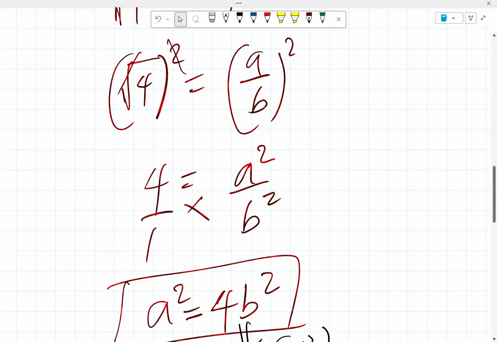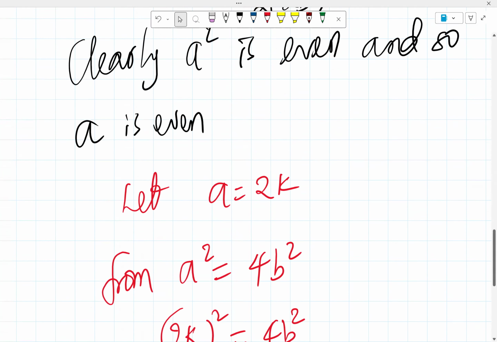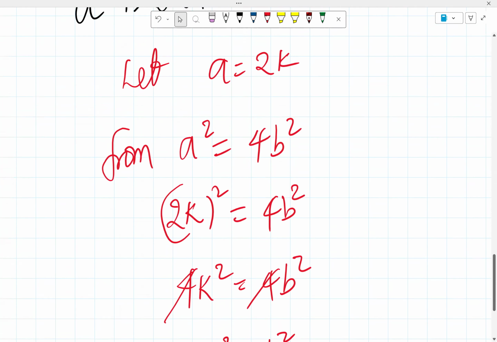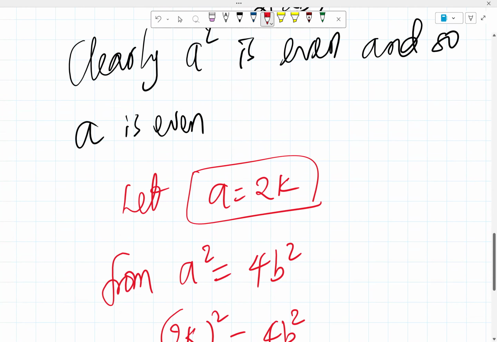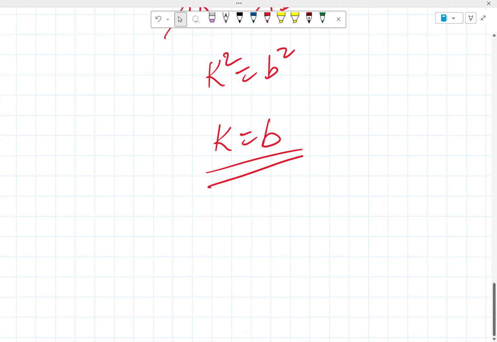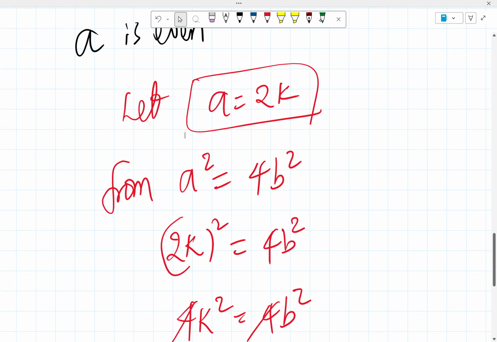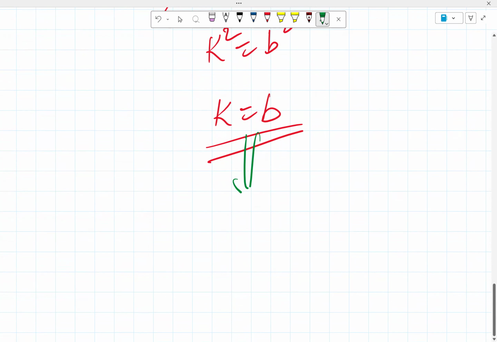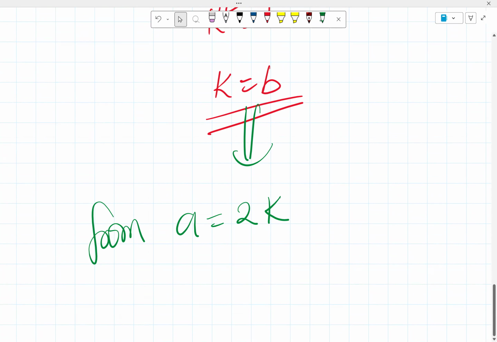So since k is equal to b, from a equals 2k, we can just say a is equal to 2b.